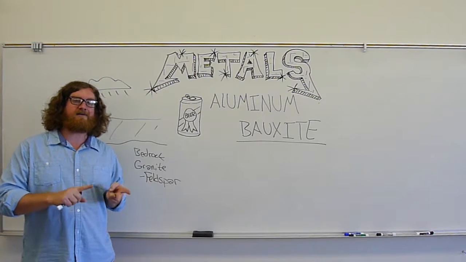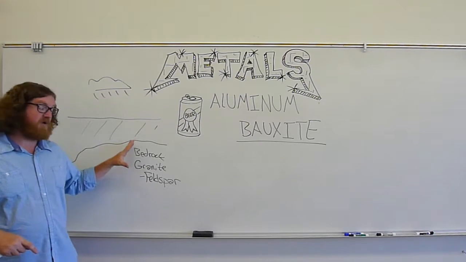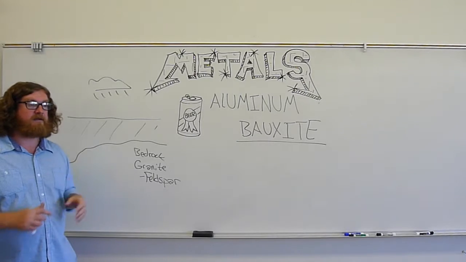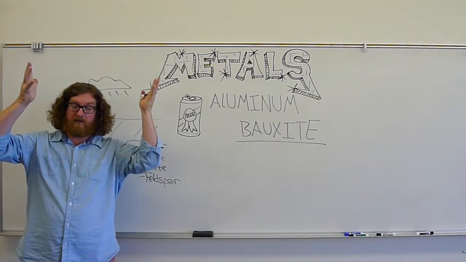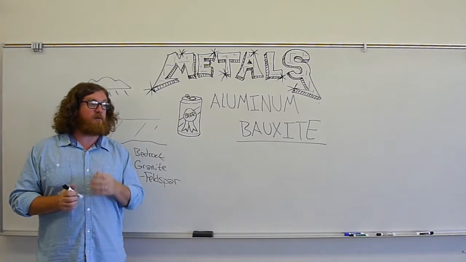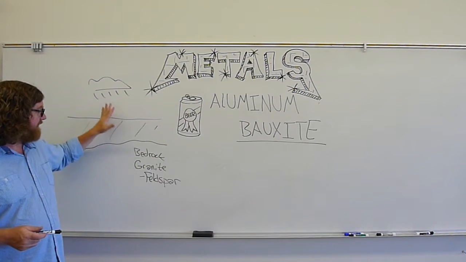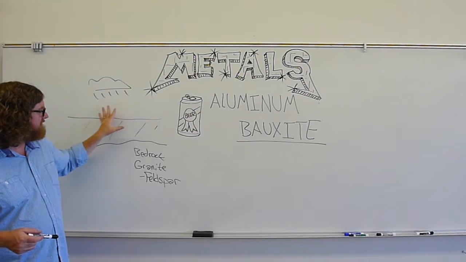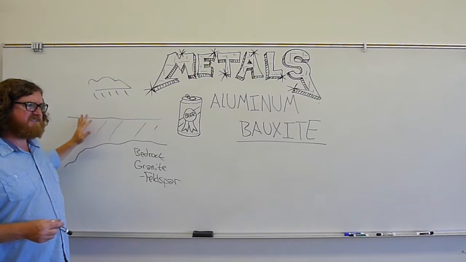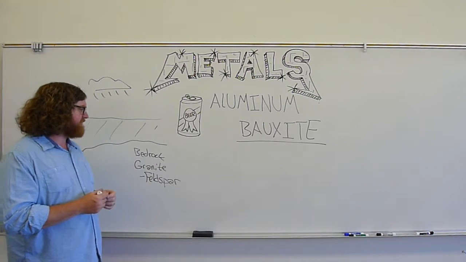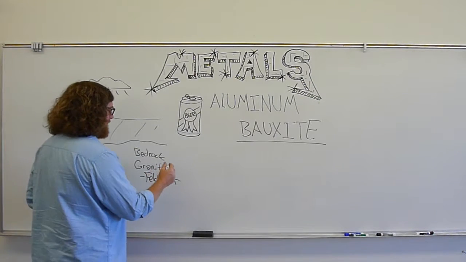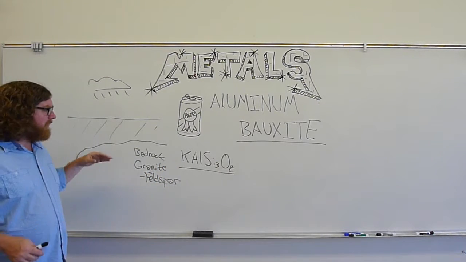So really hot, really wet places, the rocks decompose much more quickly. The rainforest, that's probably the best place you could imagine. In a rainforest, we have maximum chemical weathering occurring. And so as that happens, this water comes through, and these minerals begin to dissolve, they begin to do all kinds of weird stuff.